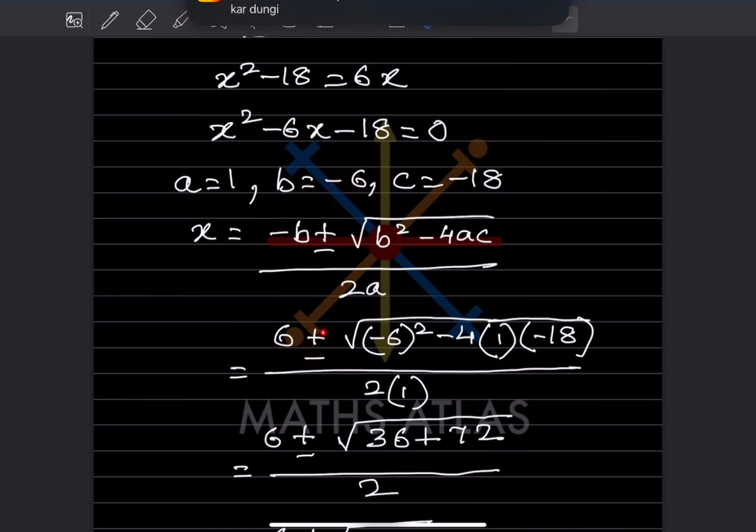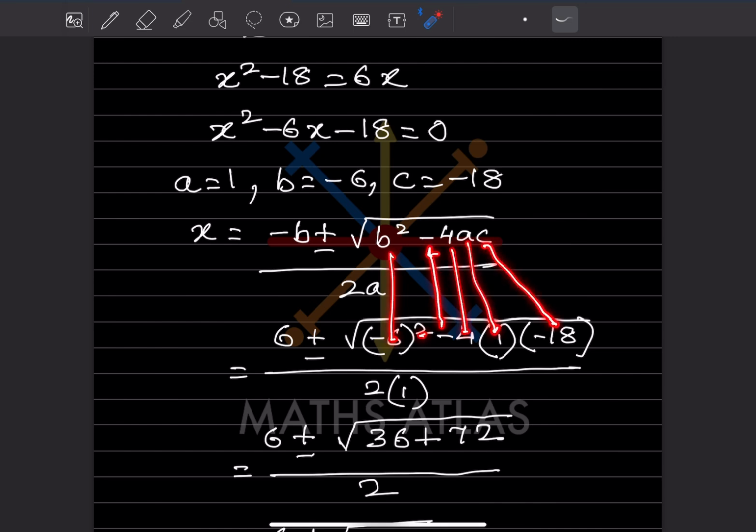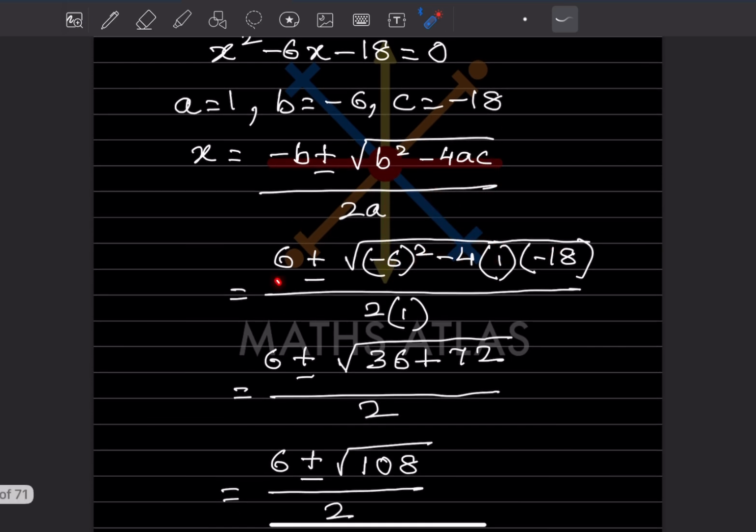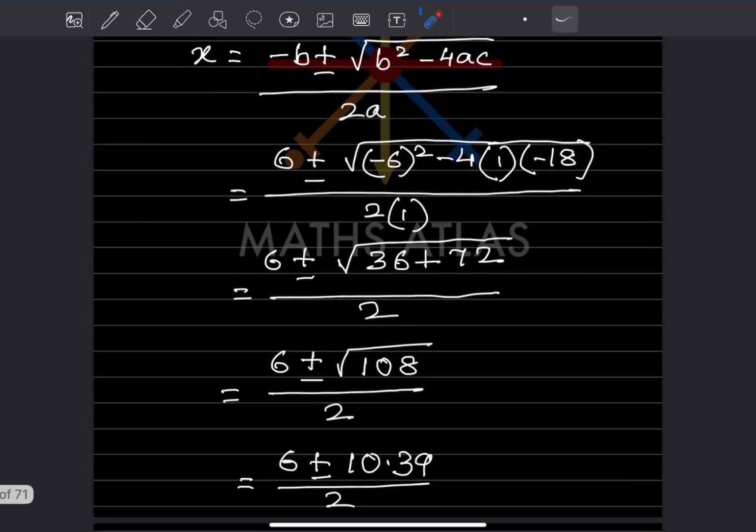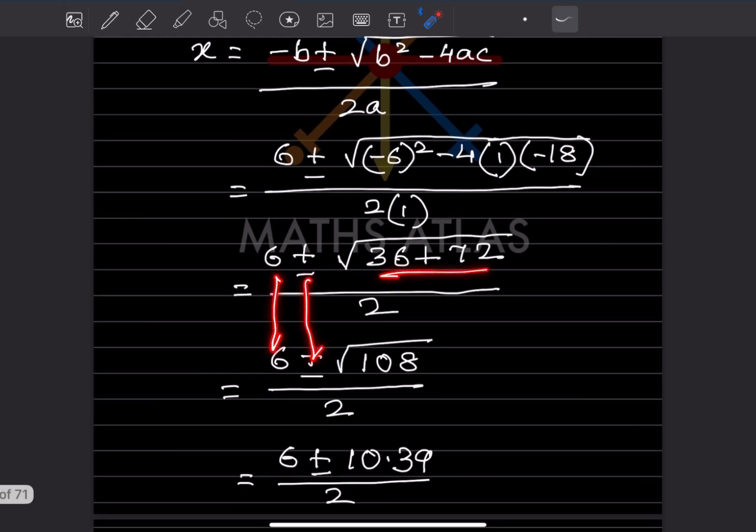So here it will be minus 6 square, which is 36, and minus 4 into 1 into minus 18, divided by 2 into 1. So this will be 6 plus or minus root of minus 6 into minus 6, which is 36. Minus and minus becomes plus, so 18 fours are 72. That divided by 2. So this will be 6 plus or minus root of 108 divided by 2.